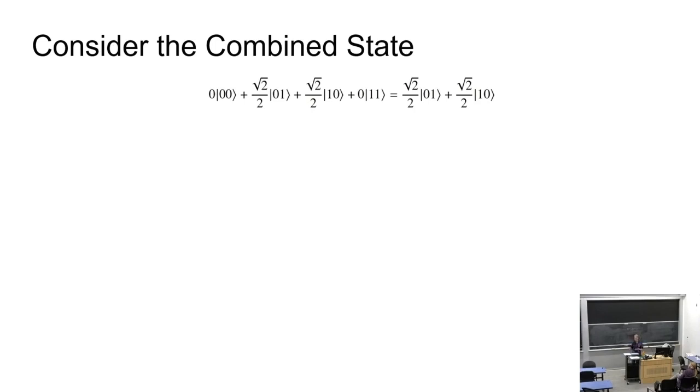We expect to get 1, 0 half the time, and we expect to get 0, 1 half the time. So given a large number of measurements, that is the outcome we would expect based on the probability amplitudes that are written there. Based on this combined state, we would never see 0, 0 or 1, 1.